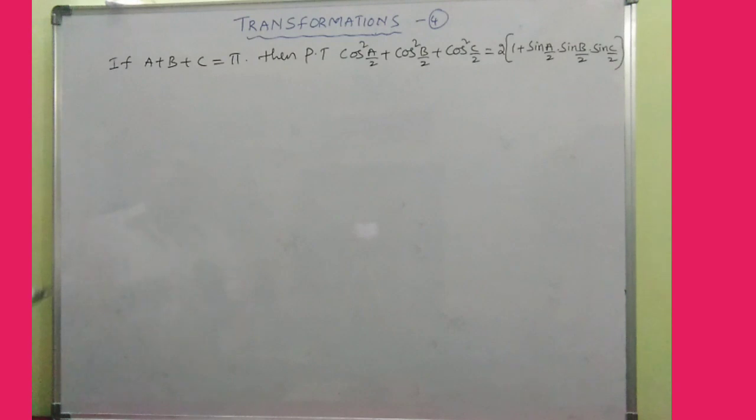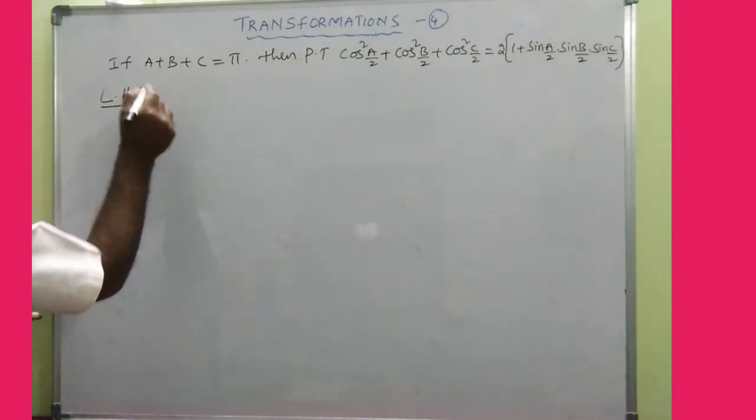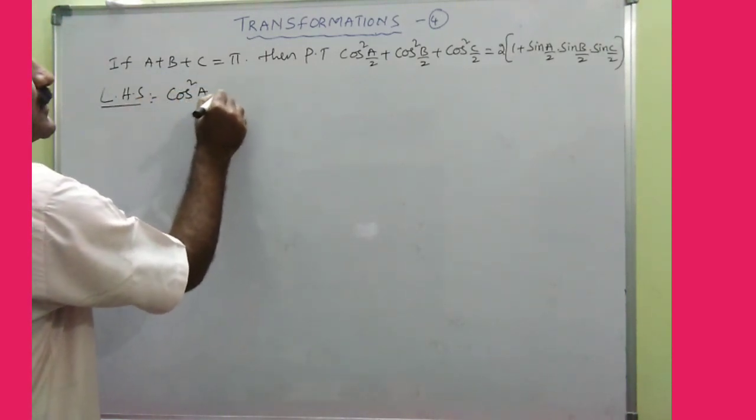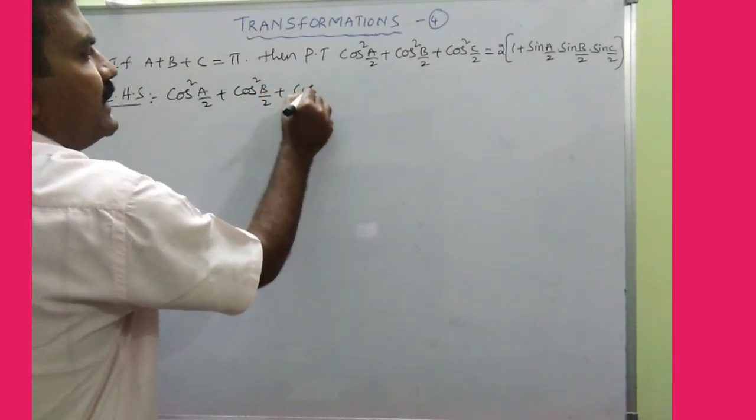No problem, even though it is very easy. So coming to LHS, we have cos square A by 2 plus cos square B by 2 plus cos square C by 2.